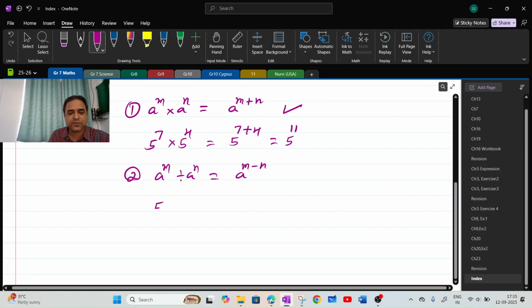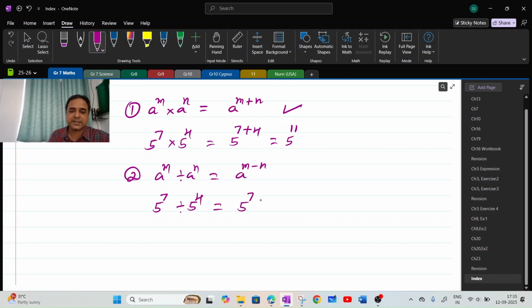If it is 5 to the power 7 divided by 5 to the power 4, you will write 5 to the power 7 minus 4, which will give you 5 to the power 3. Understood? Here subtraction of the powers is being done if the relation between the two values is division.